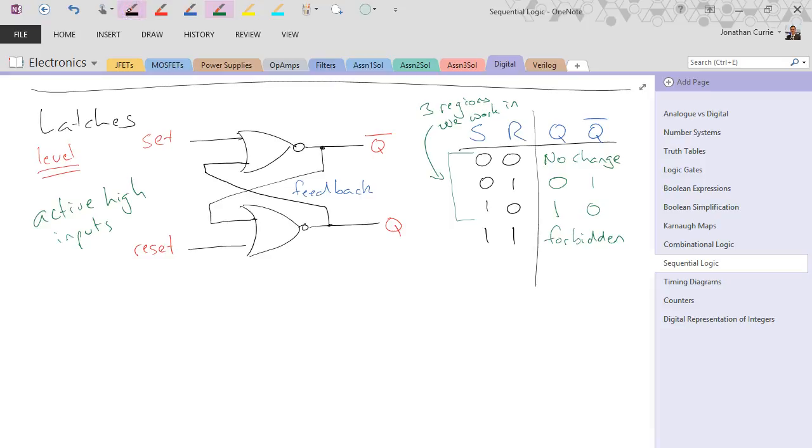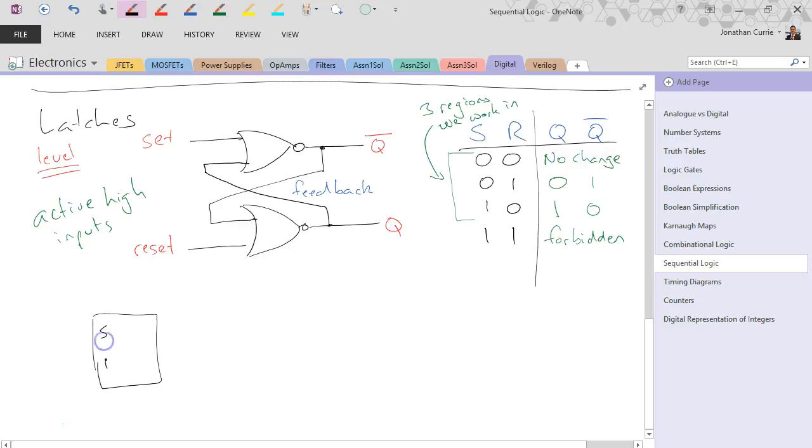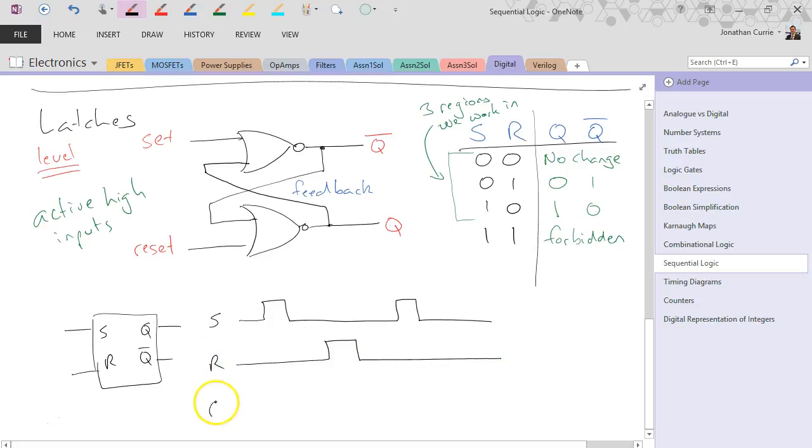So to see how this works with a latch, S, R, Q and Q bar. If I give you that and then give you a timing diagram that looks something like this, S, R, and we're just going to do Q because it's nice and simple.